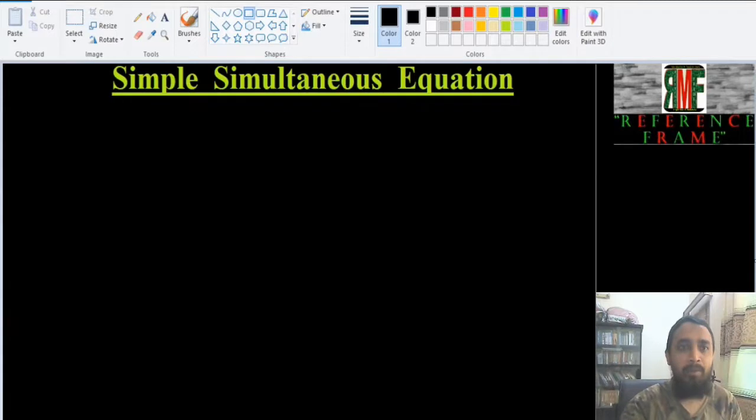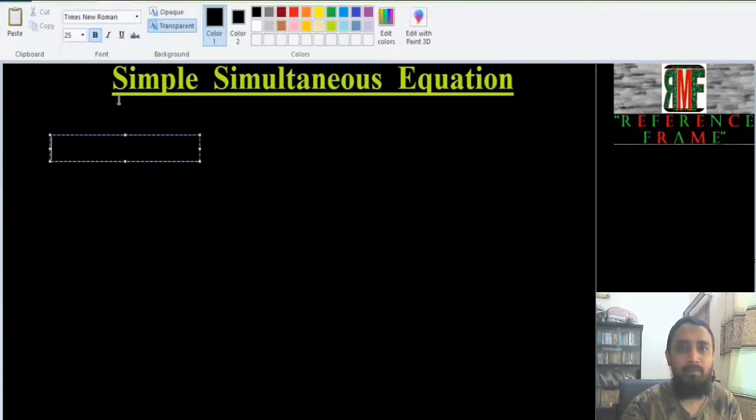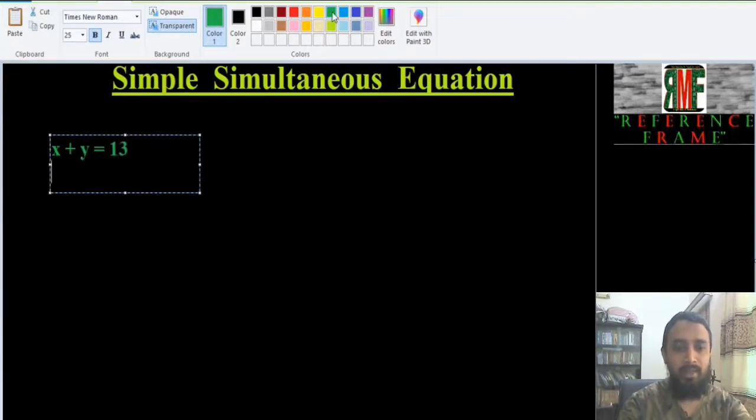Suppose we have a situation like this: x plus y is equal to 13 and twice x minus y is equal to, suppose, 25.